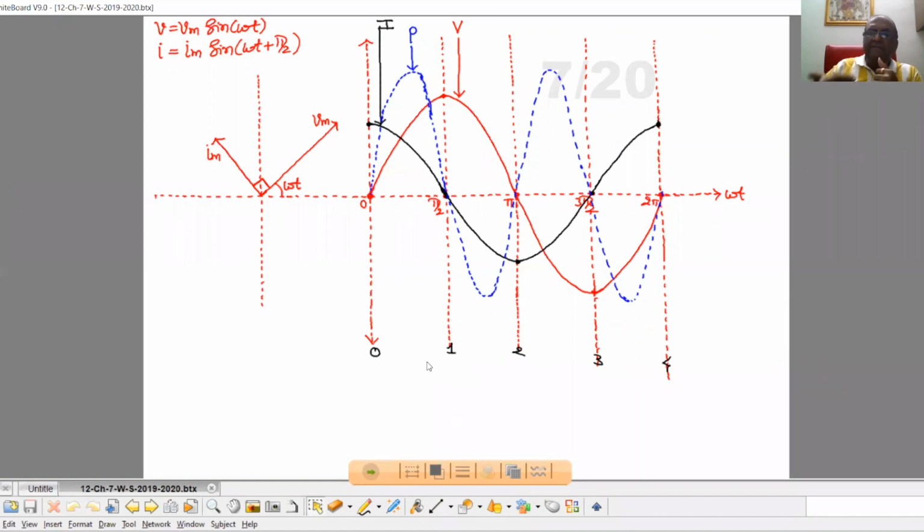And then during the fourth 1/4 cycle, the capacitor will discharge and it will supply the energy to the source. And during this entire cycle, we can say the average power is equal to 0. Clear to all of you?